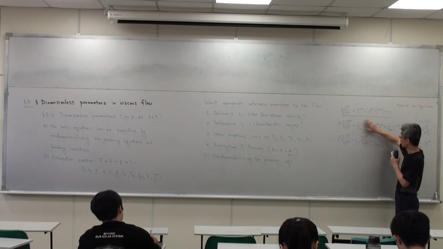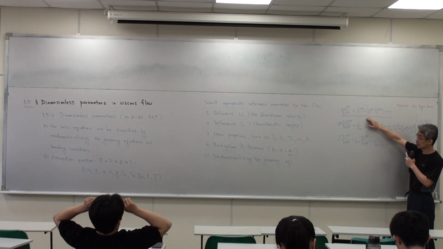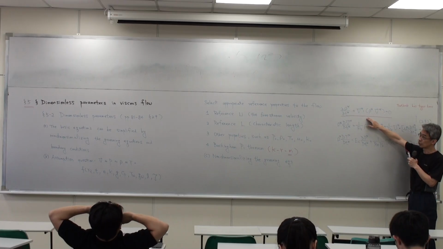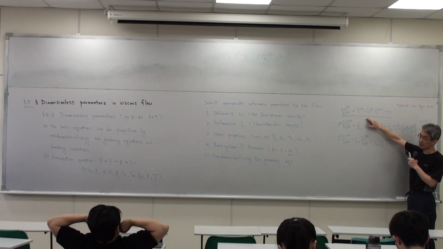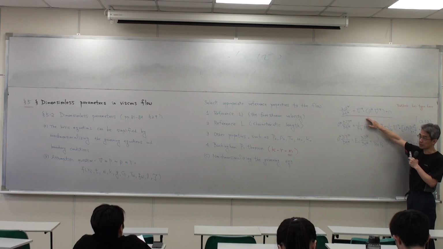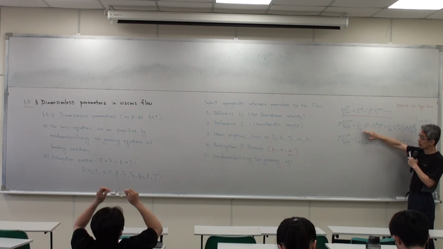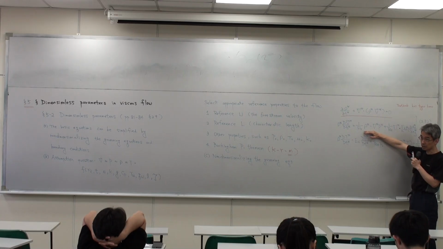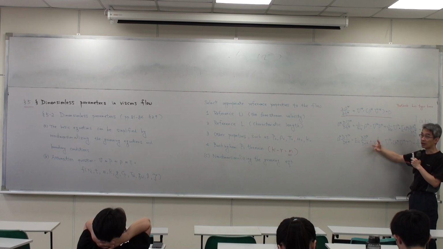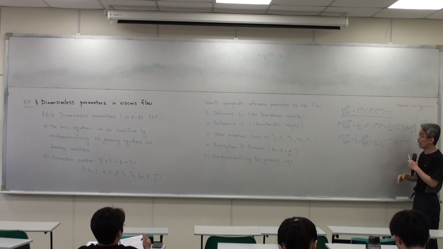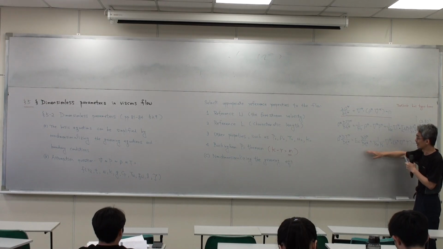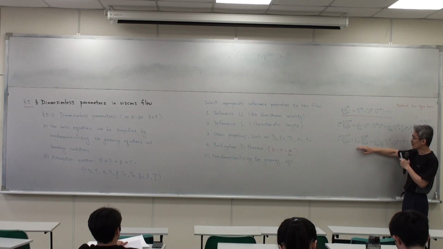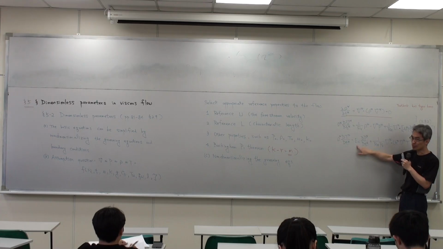Then for the mass conservation equation, usually no non-dimensional parameter comes out. But for the momentum, or so-called Navier-Stokes equation, and the energy equation, you can see non-dimensional parameters will come out.